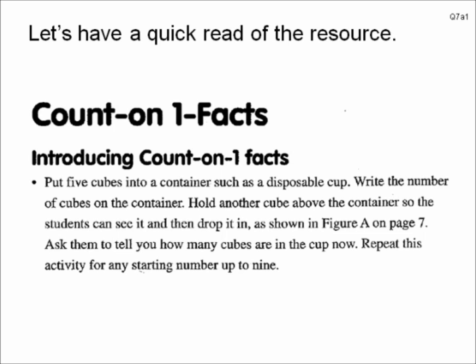So let's have a quick look and see what they talk about when they're talking about introduction. They're introducing here, they've got the cubes in a container, and they write the number of cubes on the container. So you've already got, for example, 5 cubes in the container. You hold another cube above the container and drop it in, and you count on 1.